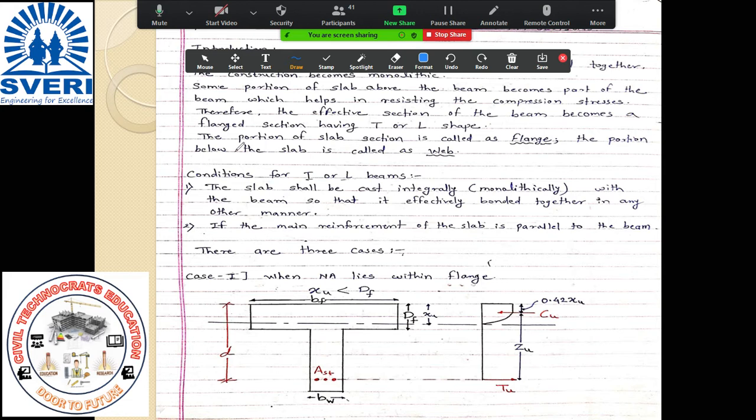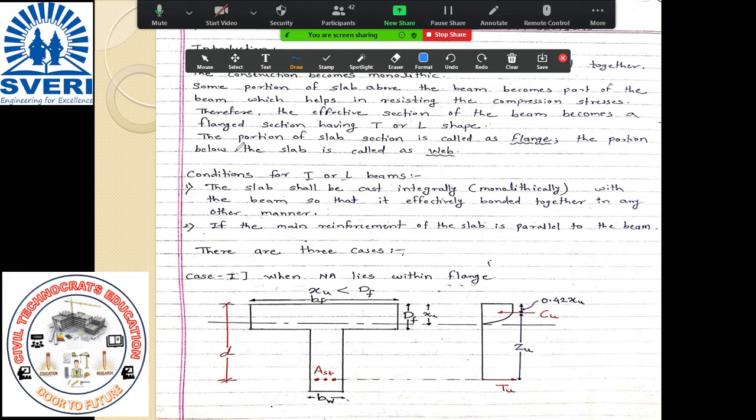So when these two, beam and slab, are cast at the same time, what will happen? The beam is below the slab, the slab is above the beam, but due to this monolithic construction, some portion of the slab on top of the beam acts as a part of the beam, although the beam is rectangular and below the slab.